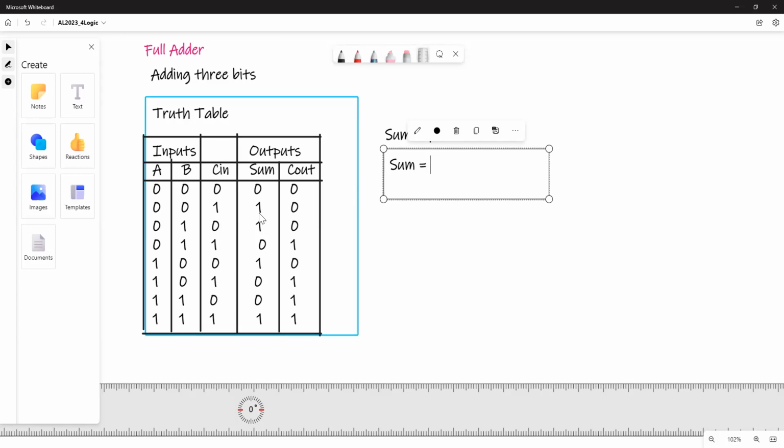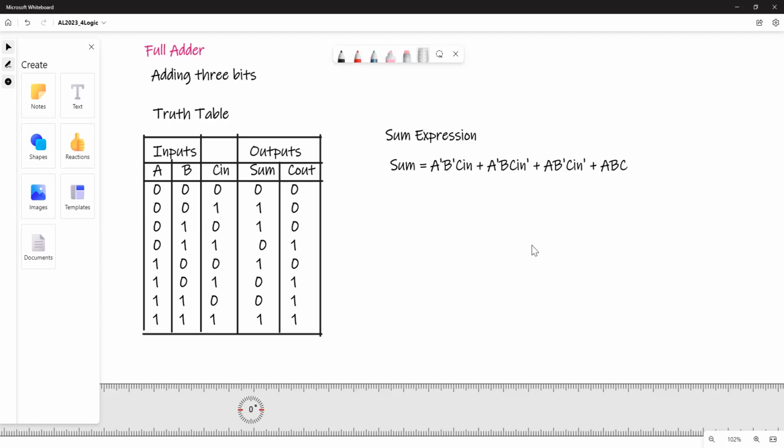It's A dash B dash C in, plus A dash B C in dash, plus the third, A B dash C in dash, plus, 1, 2, 3, 4, the last one A B C in. Okay, this is what I have.